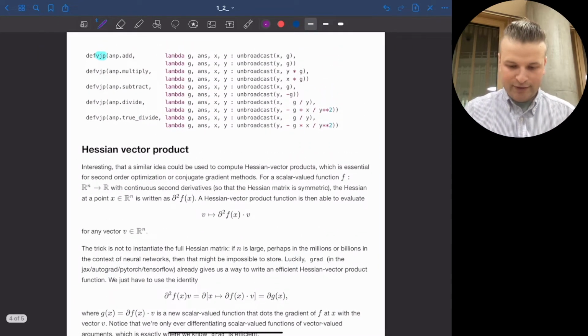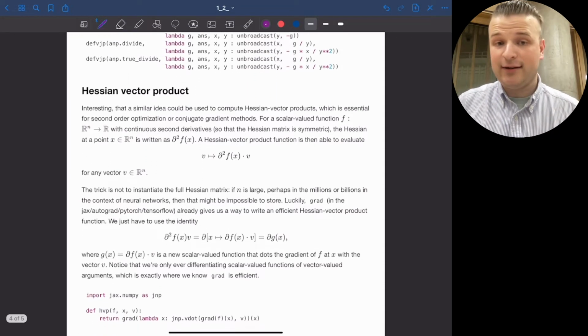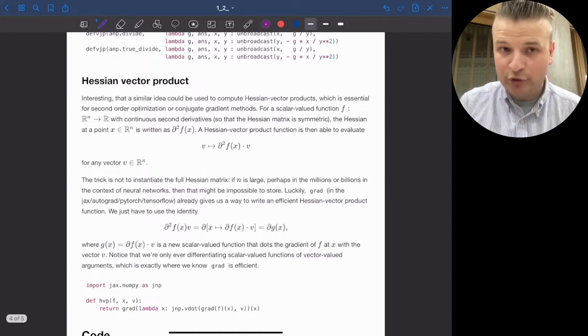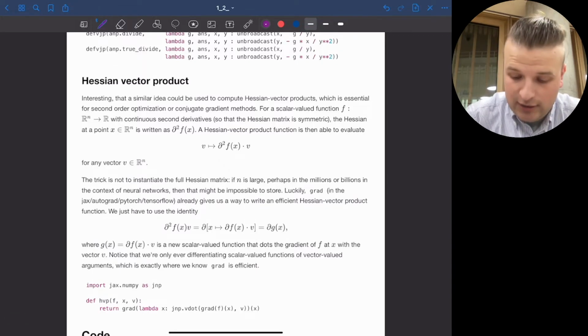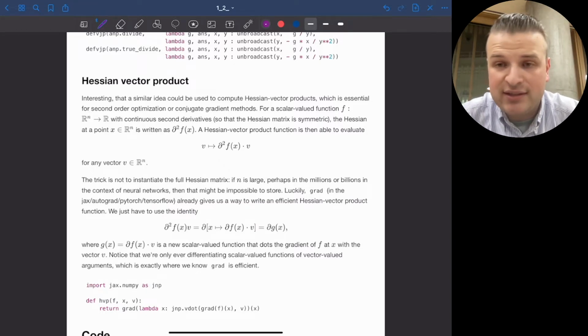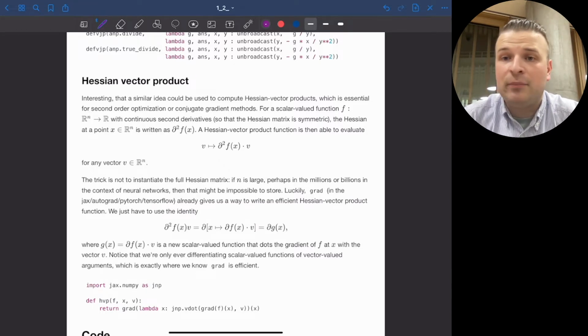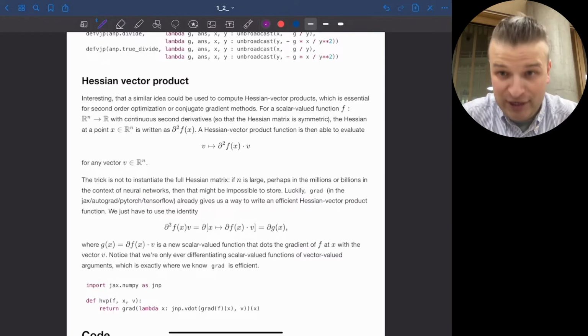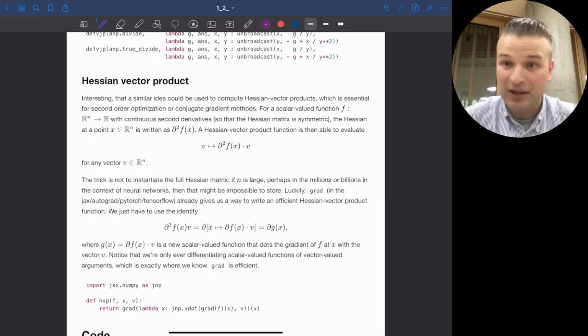What is also very important here is the idea of calculating the Hessian vector product. This object is widely used in higher order optimization methods. For example, Newton's method requires knowledge of the Hessian, but again, in order to implement Newton's method, you do not have to store the full Hessian here. You only have to multiply a Hessian by a vector.